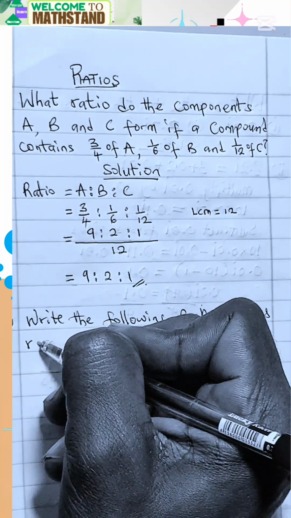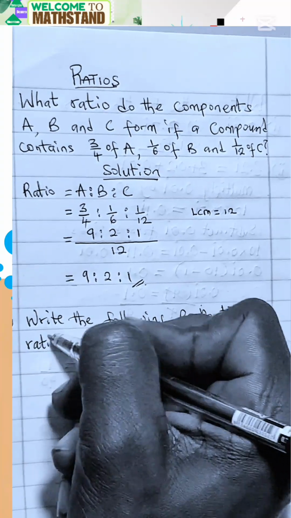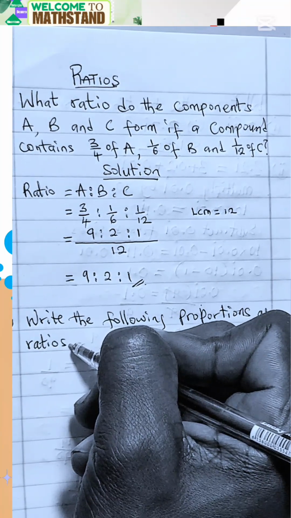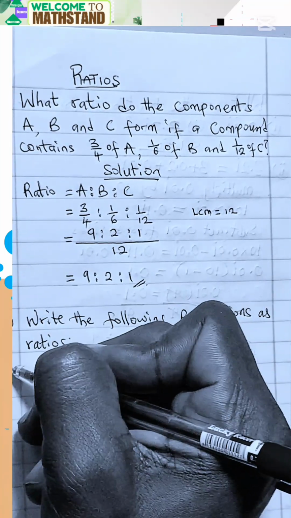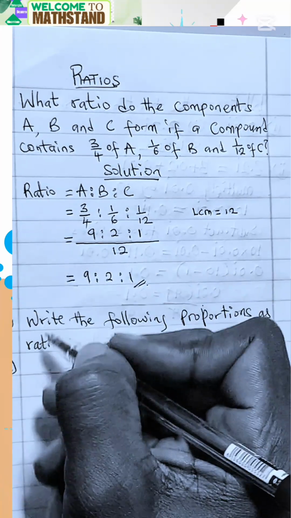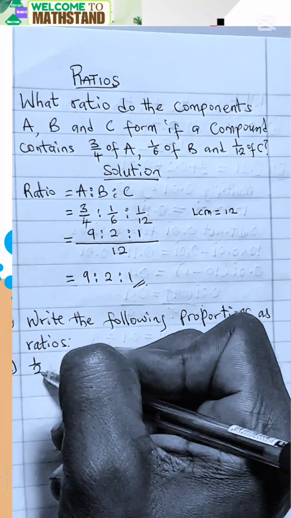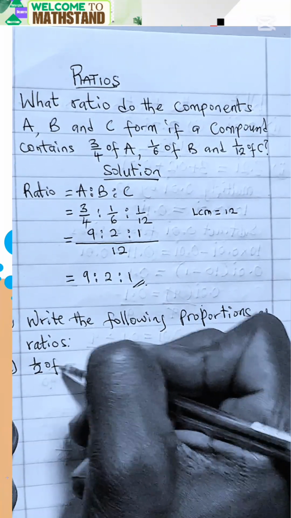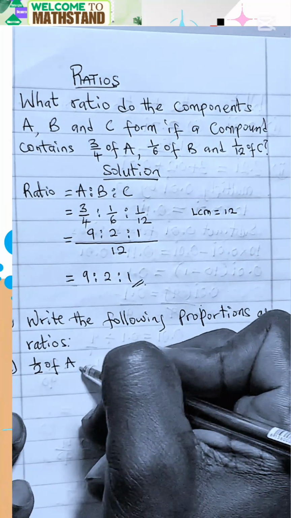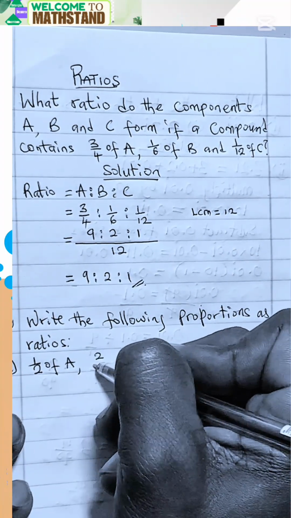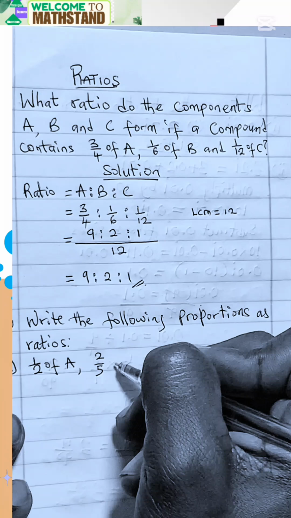Maybe I will have to do one. I'm dropping this so that you can also try. I'll do one, and then you will do the other one and drop your answer at the comment section.